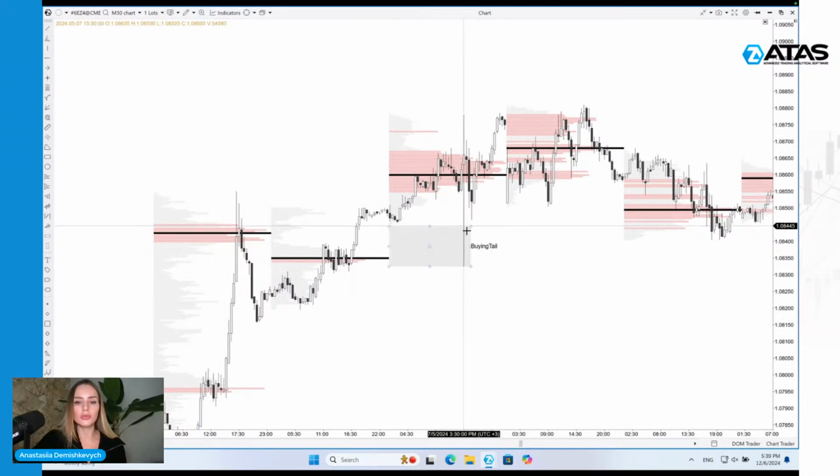Let's go to the footprint, and we're going to see the footprint delta and see if one of those was our setups. This is the 5th of July.